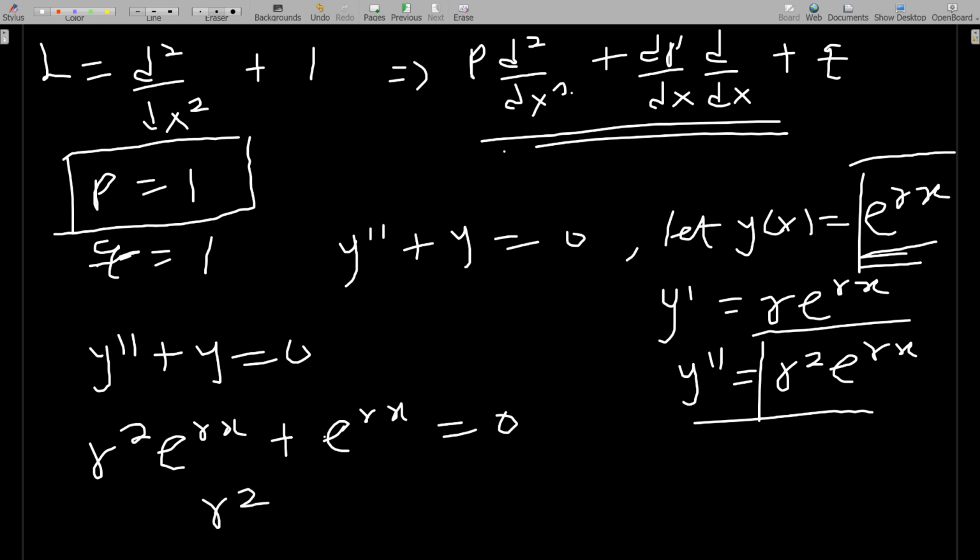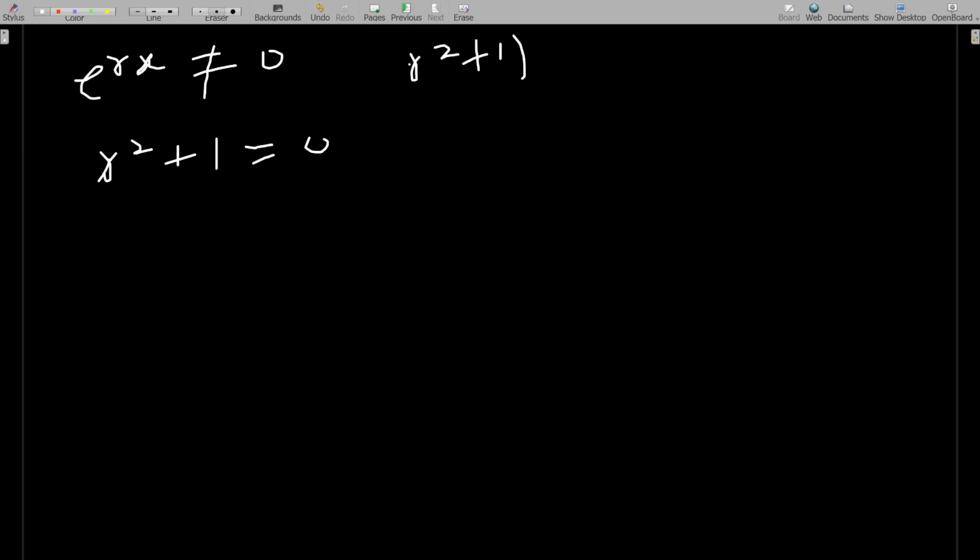This means that I have r squared plus 1 times e to the rx equals 0. So this is what I have. Now I'll move forward and say that e to the rx is never equal to 0. So this means that r squared plus 1 is actually equal to 0, because I have the product of these two: r squared plus 1 multiplying e to the rx, and this should be equal to 0.